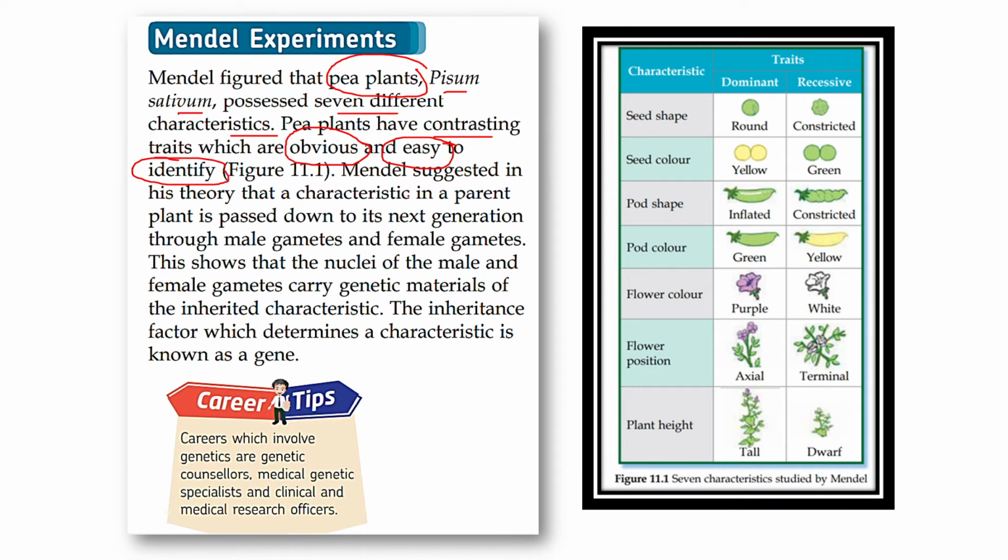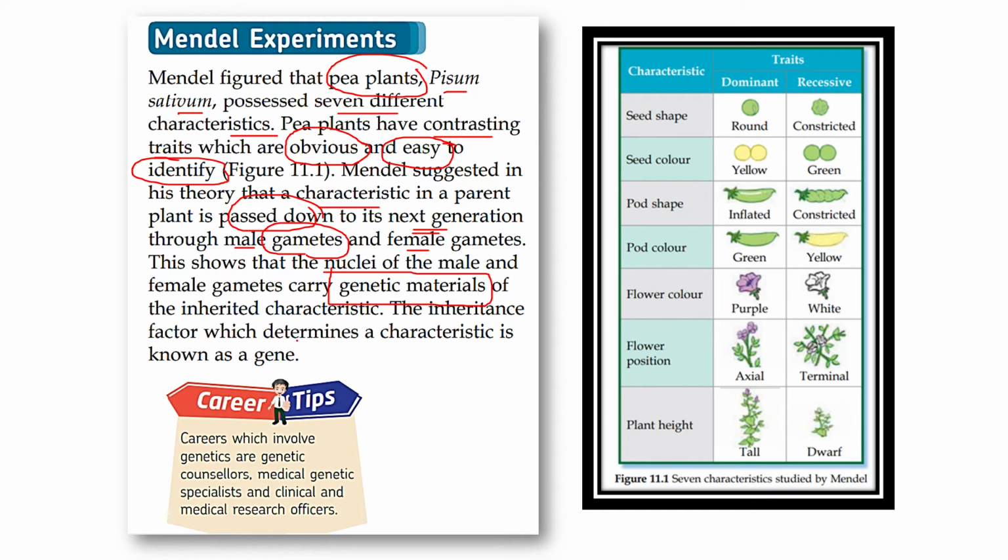So he suggested in his theory that the characteristics in the parent plant are passed down to the next generation melalui sel pembiakan iaitu gametes, male and also female gametes. And this shows that the nuclei of the male and female gametes carry genetic materials of inherited characteristics.